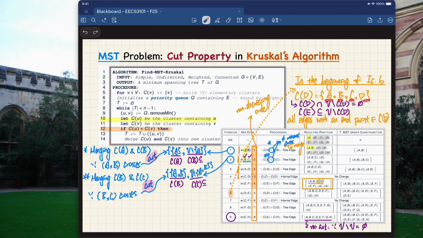A or B or C or D. So these are the 4. Okay, let's write them out. It's going to be AB and also BC and also AD and also CD, right? So these are the 4 edges, and then they are processed in a different way, right?